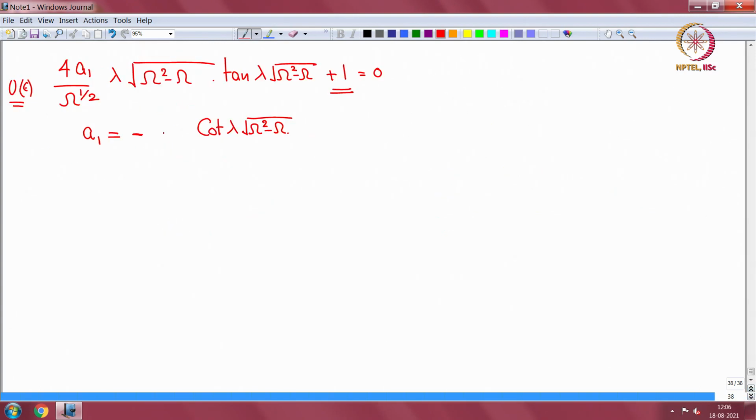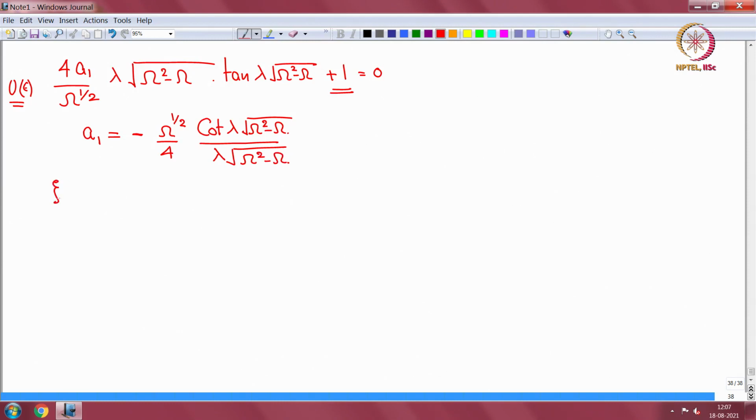Okay, so this omega to the power half goes on top, and I get a 4 in the denominator, and I get lambda square root of omega square minus omega. Okay, so what is the total perturbed solution now?